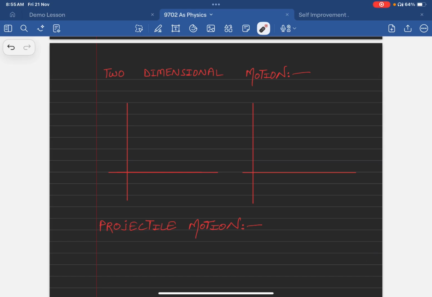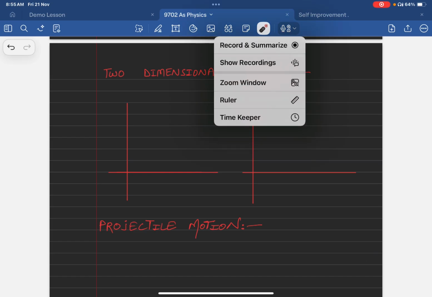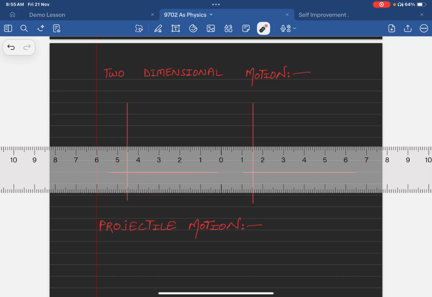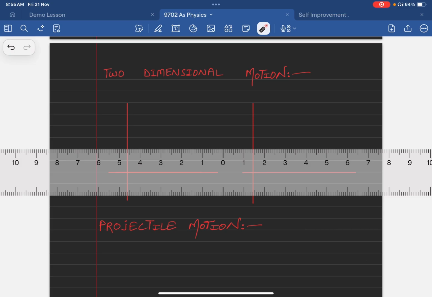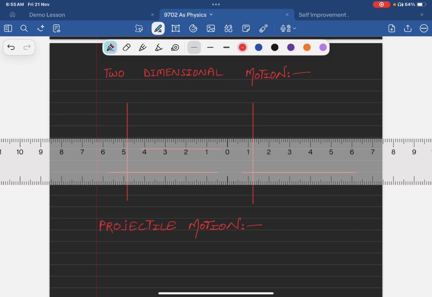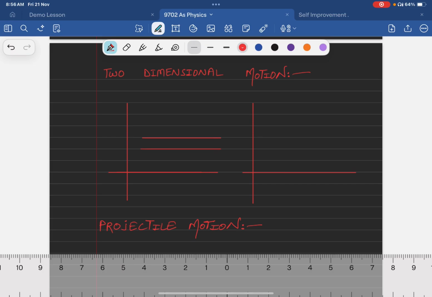In all of these examples, the body is moving in a single direction at a time, and these are examples of one-dimensional motion. Either the body is going forward in the plus x direction, or it is going in reverse in the negative x direction.